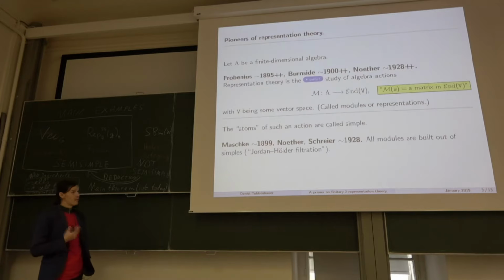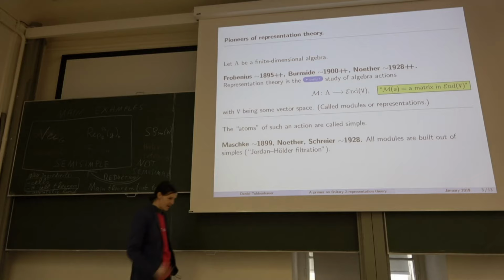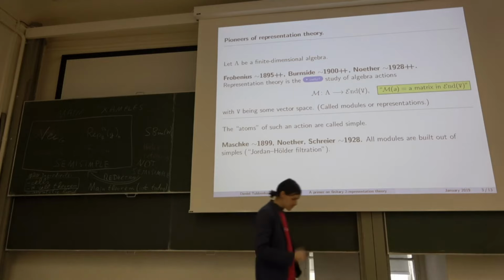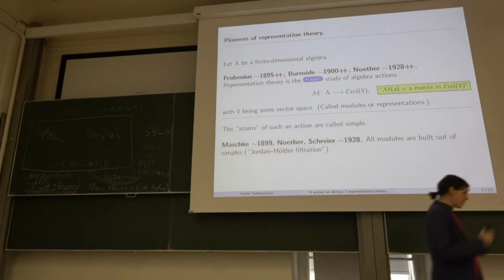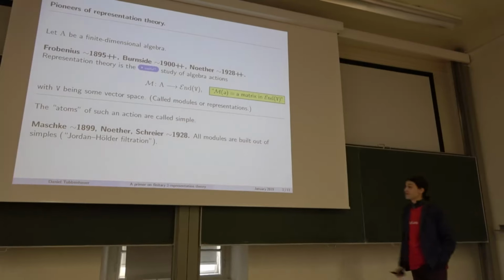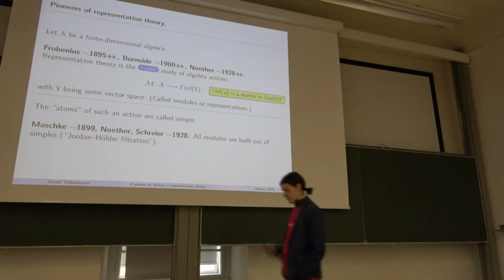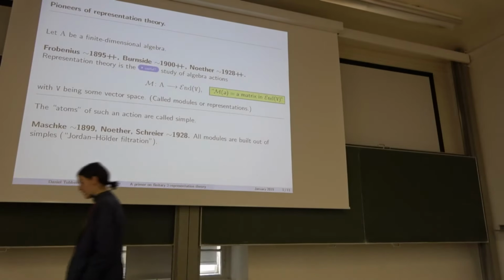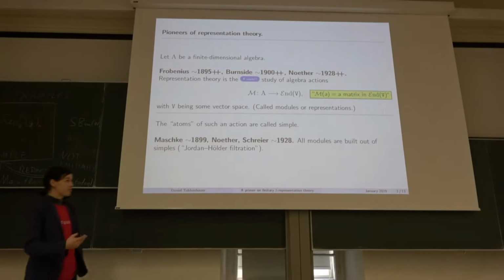Okay, so as I already said, this is my main question. I want to categorify this picture. Take a finite dimensional algebra. Well, I think everyone here would agree that studying its representations, so actions on some endomorphism space of some finite dimensional vector space, that's something reasonable, right?